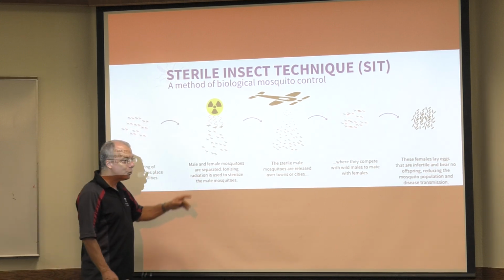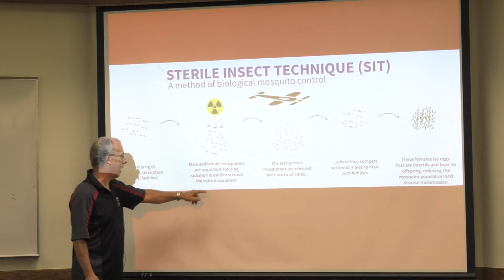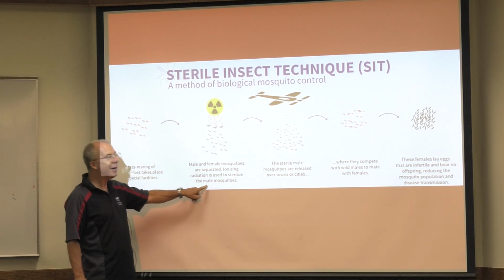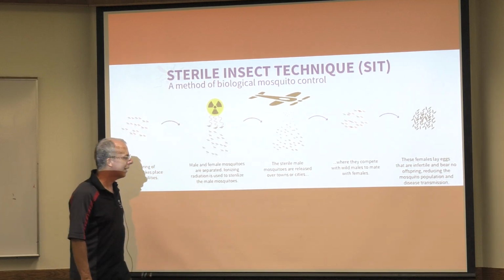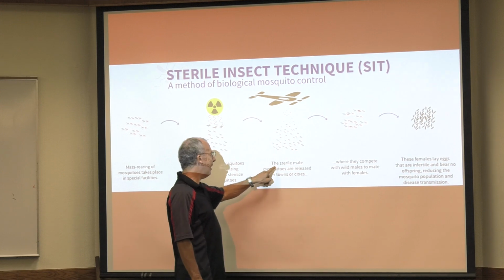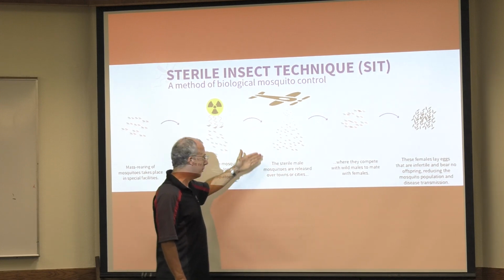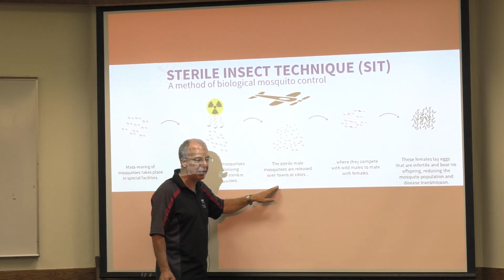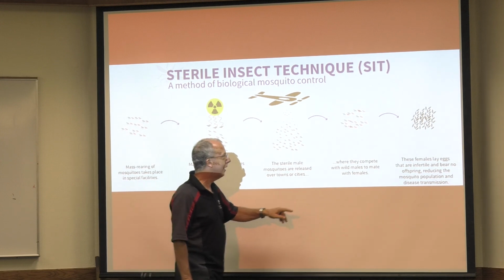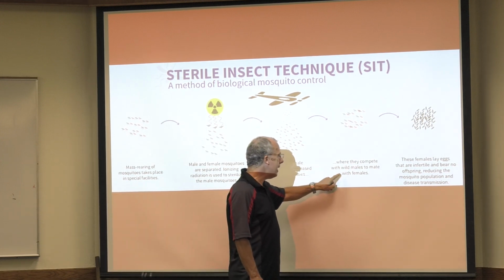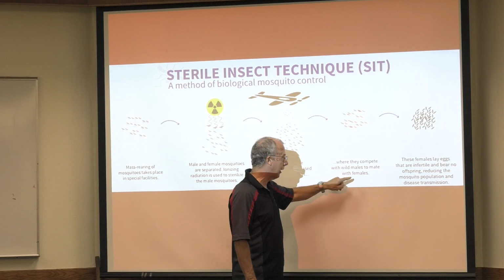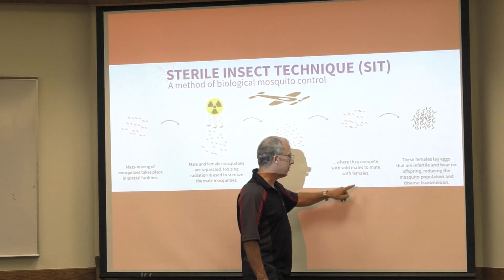And then they use radioactive materials, ionizing radiation, and they sterilize the male mosquitoes. Then the sterile male mosquitoes are released over towns or cities. Oh, great, right? Well, hold on. And of course, they compete with the wild male mosquitoes to mate with the females.